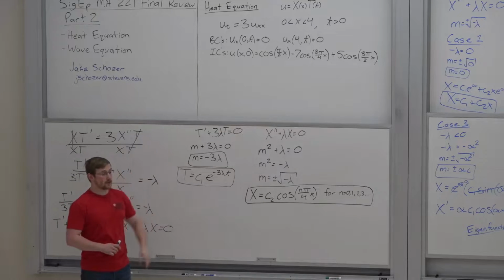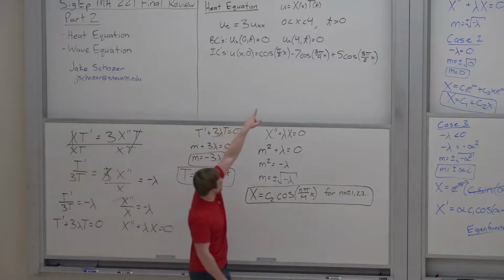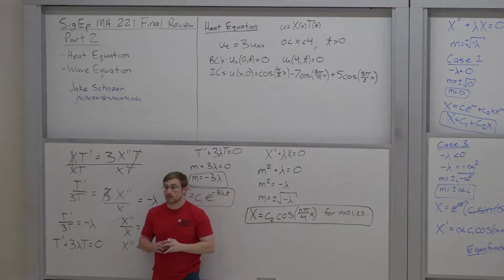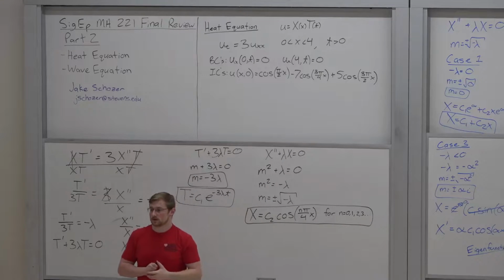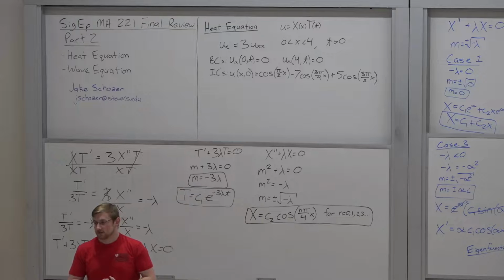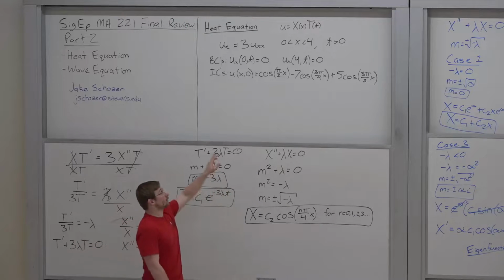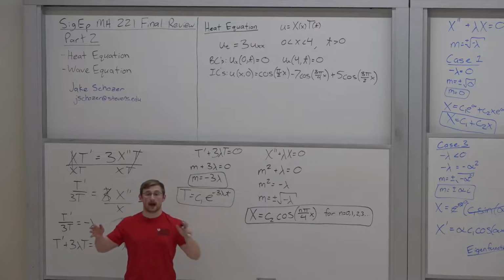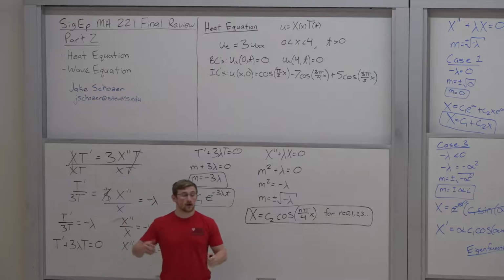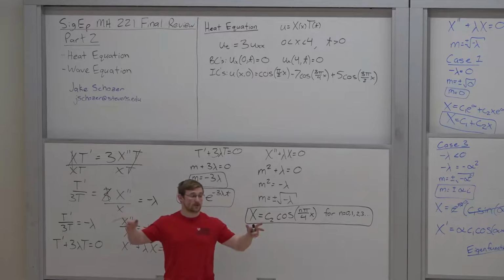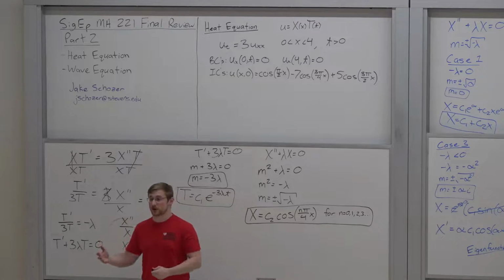Capital X times capital T. It's because it says it right there, top 1. It will be. You will always have the condition that your function u is equal to capital X times capital T, because the problems you're dealing with for this are your heat equation and your wave equation, which are both physical examples of differential equations.